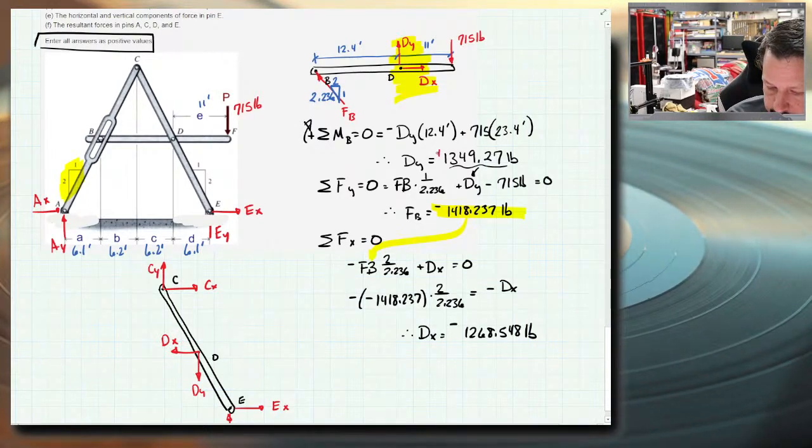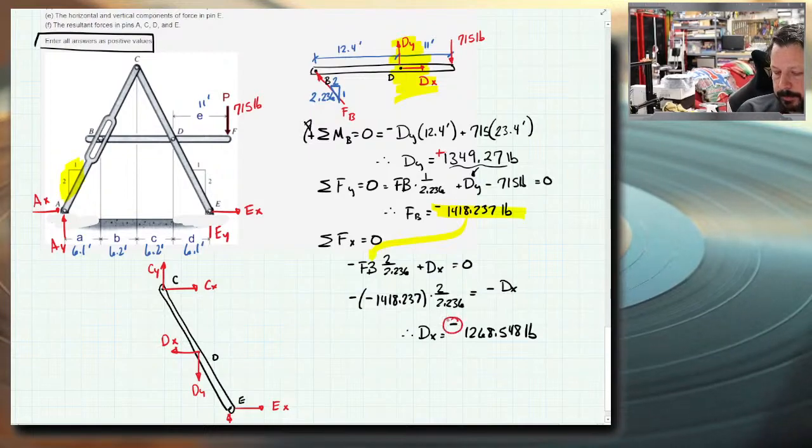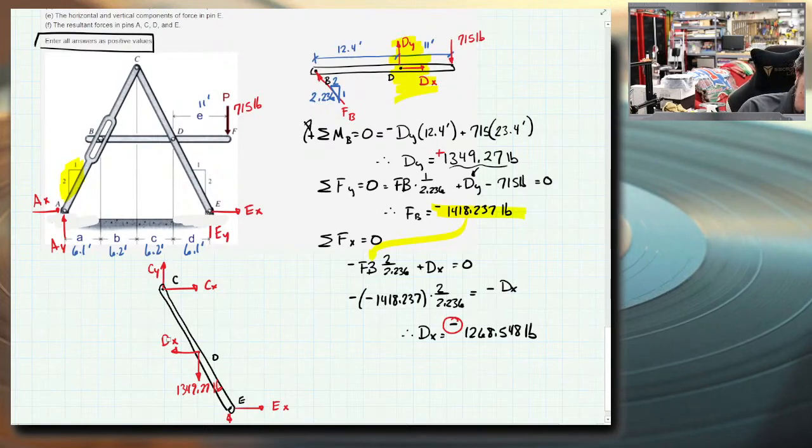It had a positive sign, so that meant that I drew that arrow right. So this dy is correct, but dx has that negative sign, which means I drew it the wrong way. So I'm going to put dy's value in here as 1349.27 pounds. And then dx, I'm actually going to redraw the arrow.